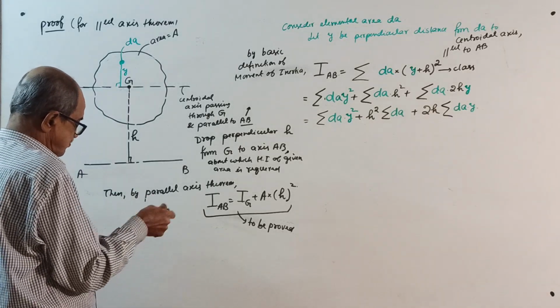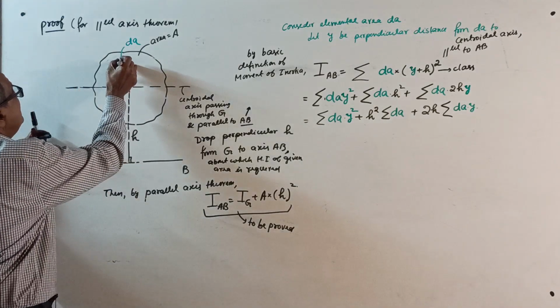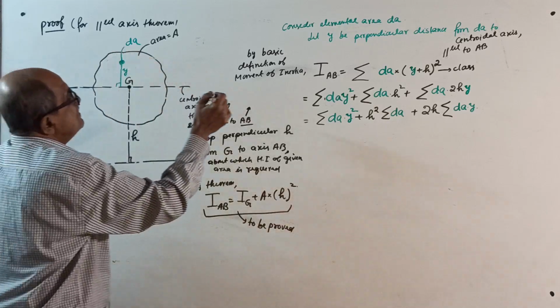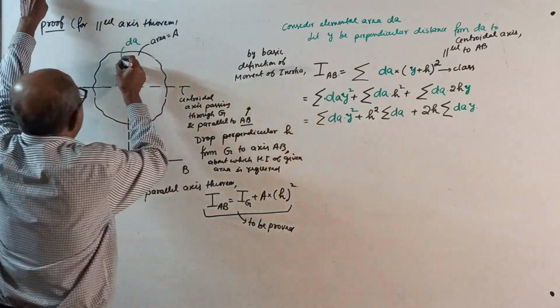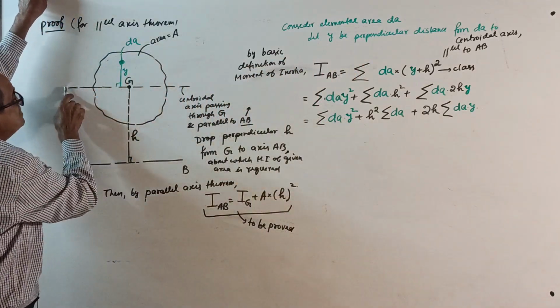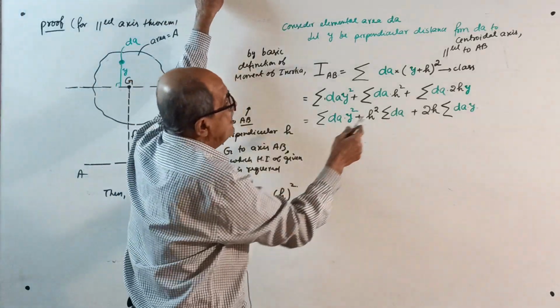See, very simple proof. First, consider an elemental area dA, a very small area. Let y be the perpendicular distance from dA to the centroidal axis parallel to AB.